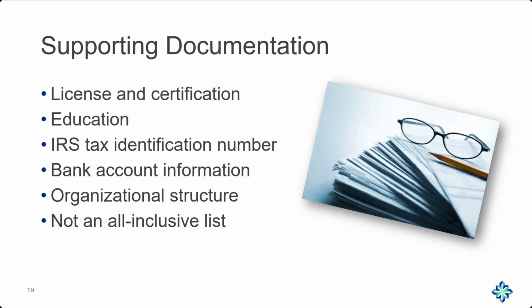Typically, we're looking for copies of license and certifications. Some of this we can verify through third-party sources directly with the licensure certification body. There are some certification and some licensure bodies we cannot contact directly. We will make every effort to verify this information independently without bothering the provider, but if we can't, we have to ask for a copy of it.